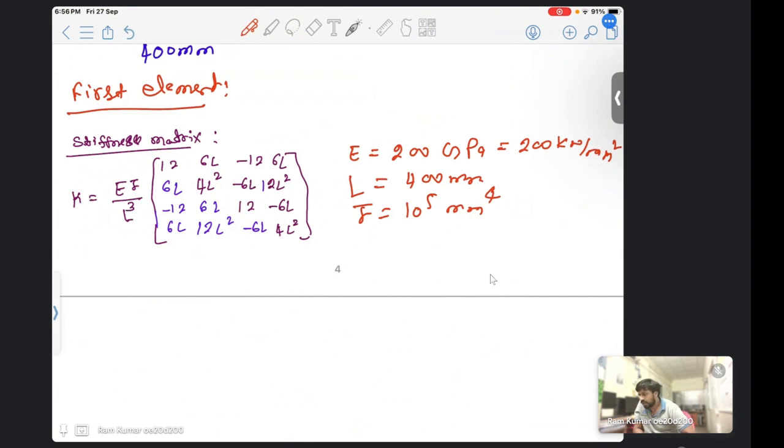So by putting all these values in this stiffness, for the first element the stiffness will be K1.